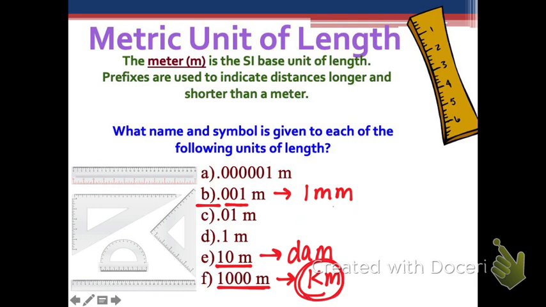Last one: which unit represents 100th of a meter? Centi, right? Think about the dollar. There's 100 cents in a dollar, so there's 100 centimeters in a meter. We don't need to fill out all of those. You can if you want to, but I don't love using the decimals part of that.